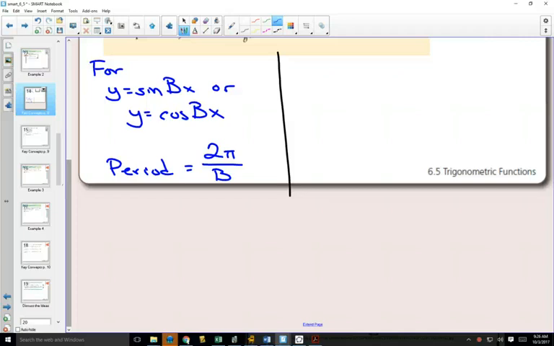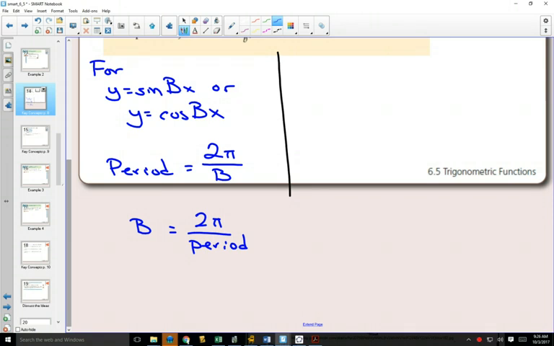And so you would multiply 2 pi by 1/3, which is the same as dividing by 3. And rearranging this formula, because sometimes we'll have a graph and we'll want to write the equation, I can rearrange this formula for solving for B, multiply both sides by B, divide both sides by the period, and your B value is always 2 pi divided by your period.